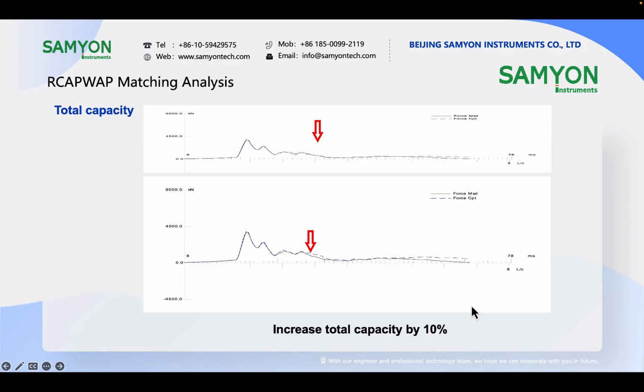Now we give some examples for different parameters, and how they work during the match. Take this for example. If we increase the total capacity by 10%, we can see that the calculated plot, which is the blue dashed line, increased around the area of 2L/C.